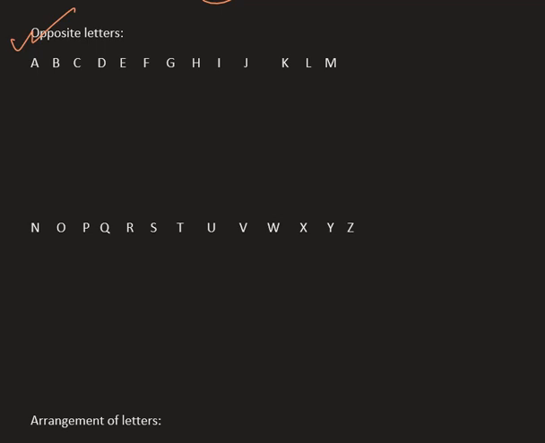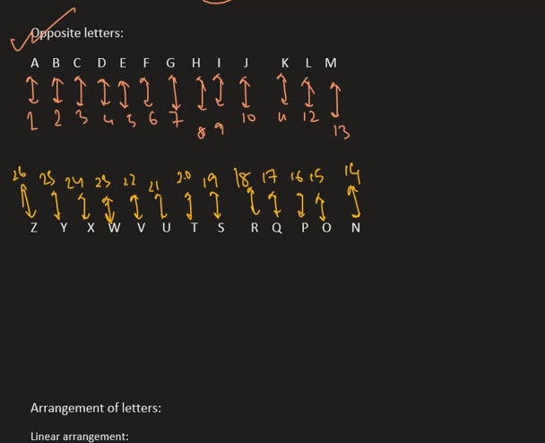That is 1, 2. Here A and Z are a pair of opposite letters.